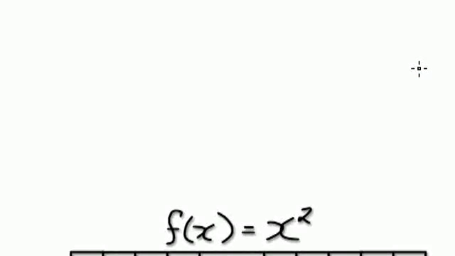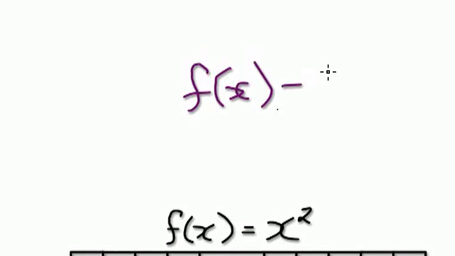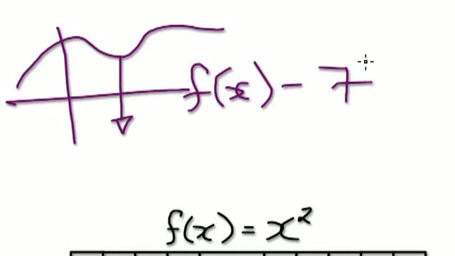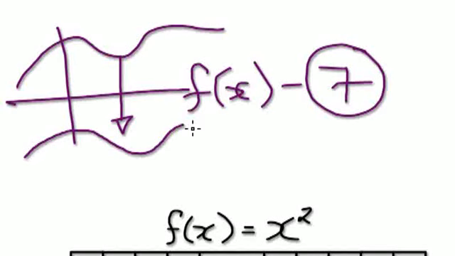If you have f of x minus, let's say, 7, it would be whatever the old function was, let's say this function here, and then it gets dragged down by 7. So your new graph will be the exact same shape, but just dragged down by 7.